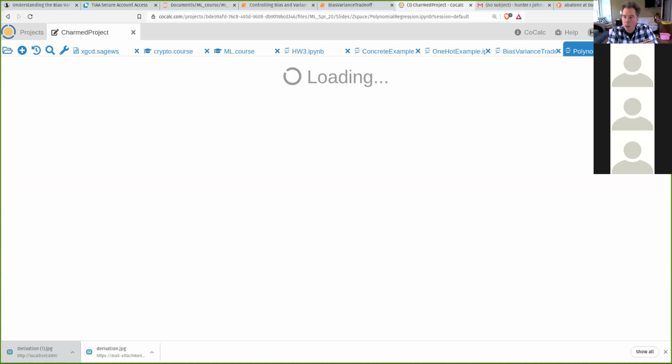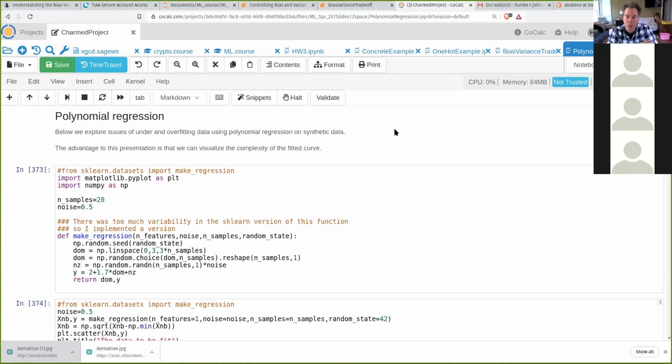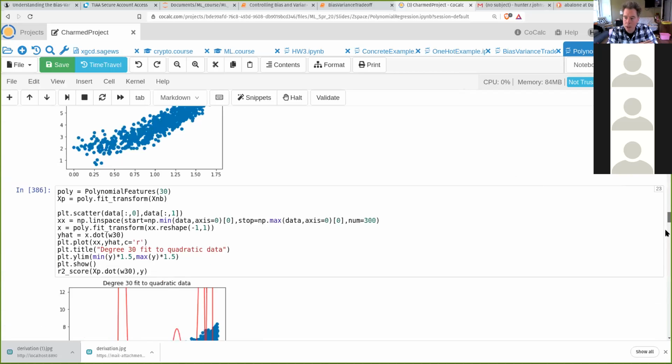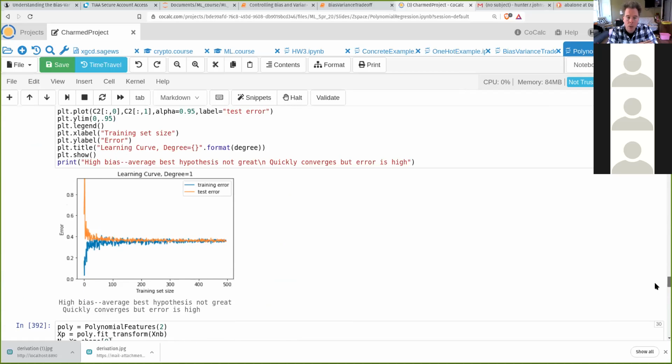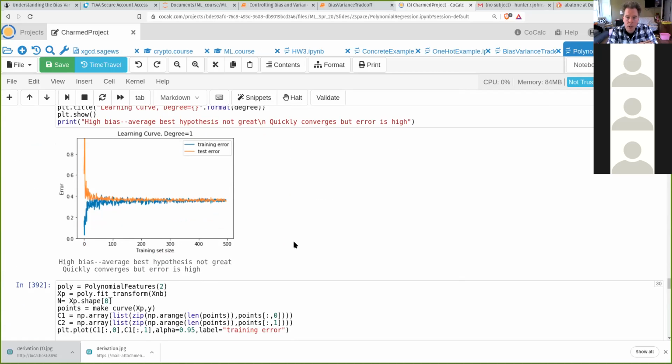The way you analyze the situation with your particular data set is by using something called a learning curve. We made a couple of these at the end of the slides from last time. You use the learning curve to decide whether you're in a high bias or a high variance situation. You don't get to see F, but you do get to see the learning curve.